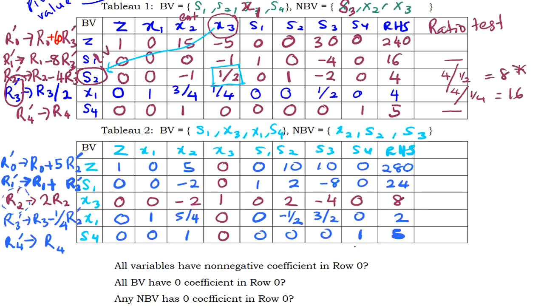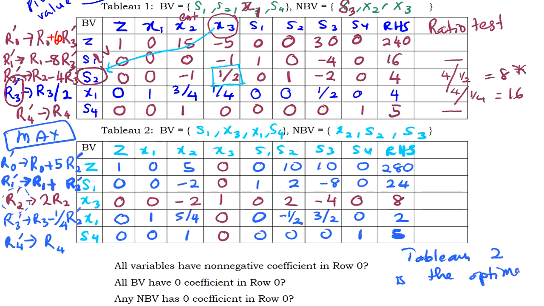So repeat step 3 again. We check the optimality condition by checking the coefficient in row 0. So because this one is a maximization problem, we check at row 0, there is no negative coefficient, right? Therefore, this Tableau 2 is the optimal Tableau.